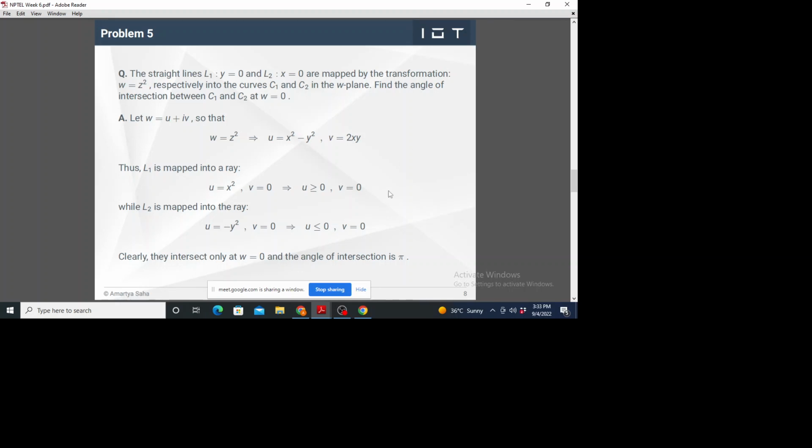So that's that. L1 is mapped into a ray that is being emitted from the origin and extends along the right half of the real axis in the W plane, and L2 is mapped into another ray that is being emitted from the origin along the left half of the real axis in the W plane.